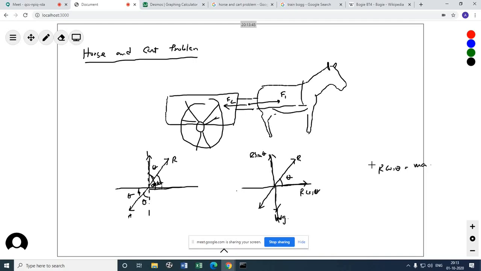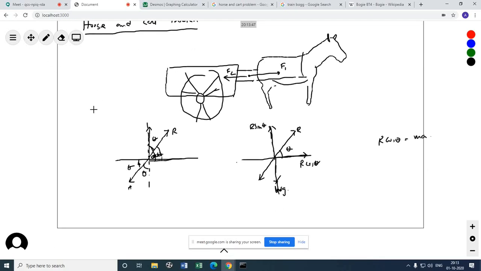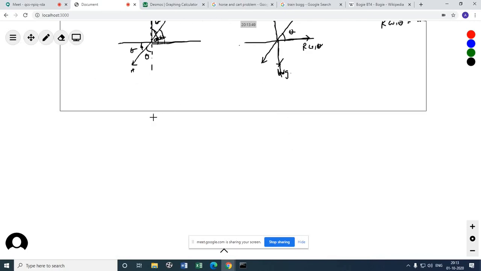The same case is for walking, the same case for us also. Now another case of this: if I keep any book or any object at rest on a table, what are the different forces acting? Now I am introducing you to the free body diagram.